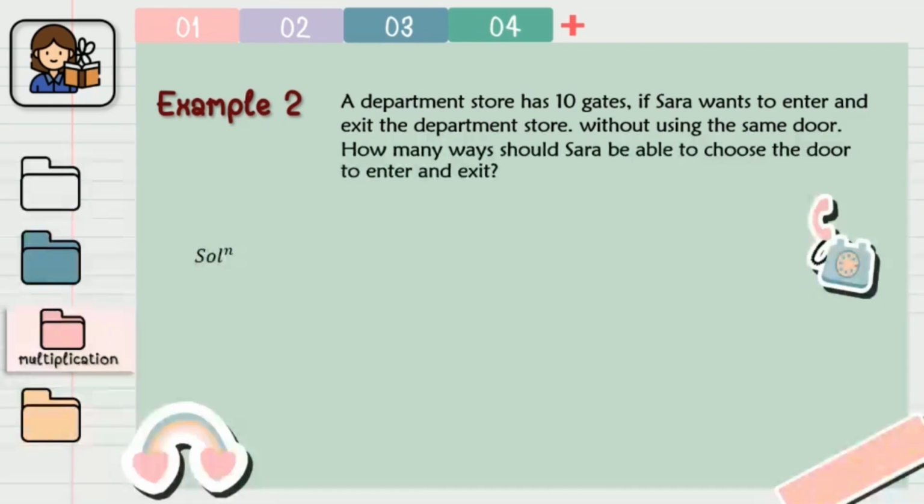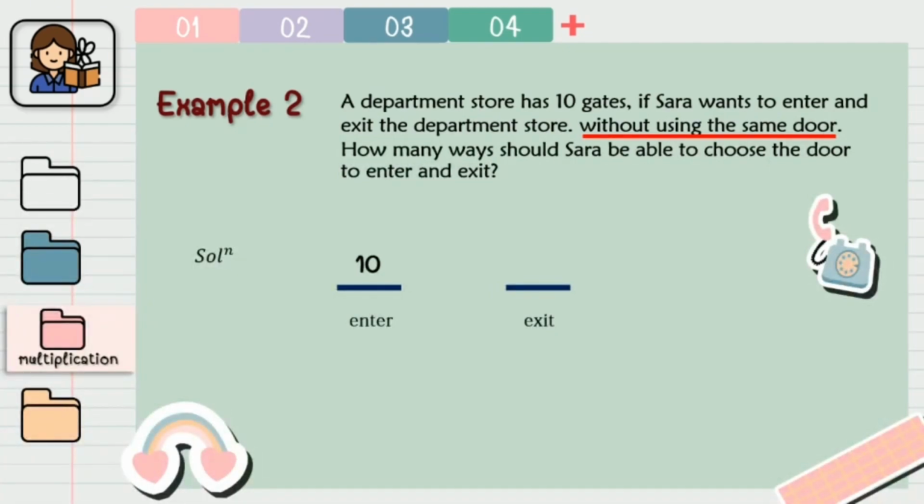Example 2. A department store has 10 doors. If Sarah wants to enter and exit the department store without using the same door, how many ways can Sarah choose the doors to enter and exit? Start with a two-step process: enter and exit. To enter, there are 10 doors.